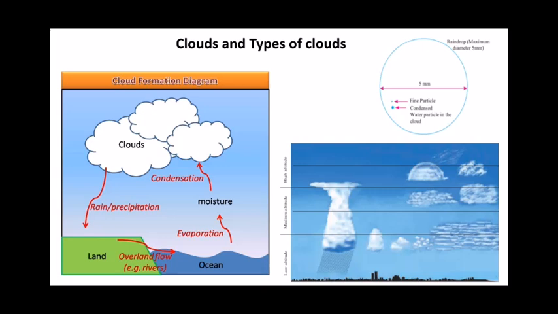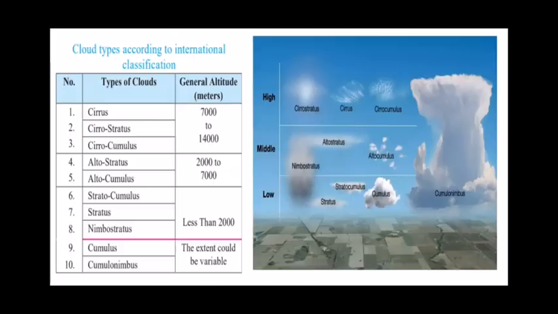So children, clouds are found at different altitudes above the sea level. Clouds which form at greater altitudes are formed from very fine snow particles. The process of evaporation and condensation occur consecutively in the clouds.